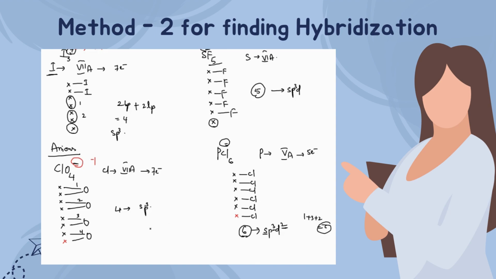First we use 1s and p, then 1s and 2p, then 1s and 3p, then 1s, 3p and 1d, then 1s, 3p, 2d, and so on. This way we give the number and hybridization according to the requirement.